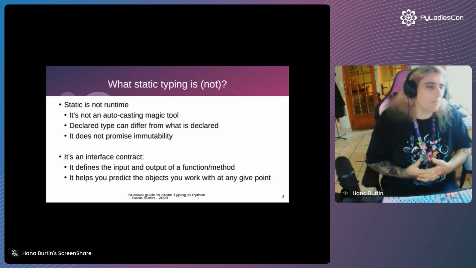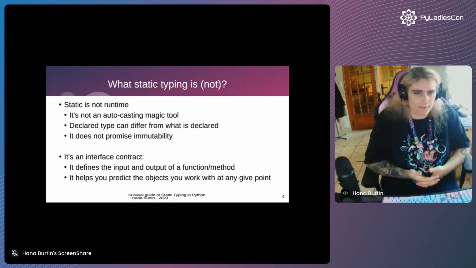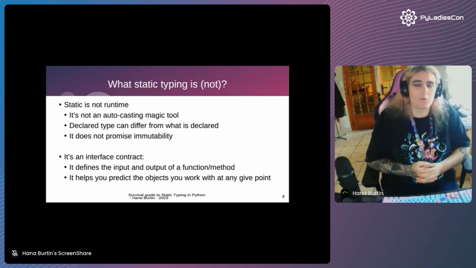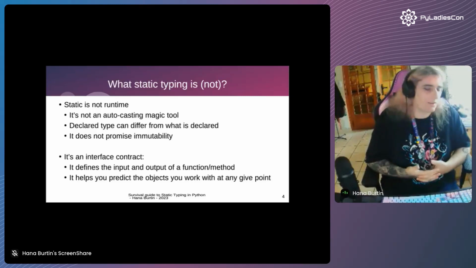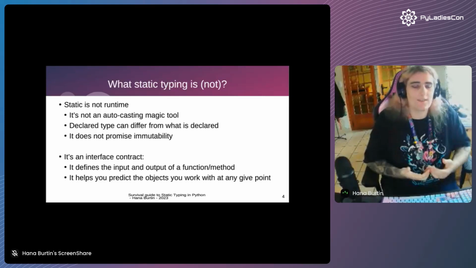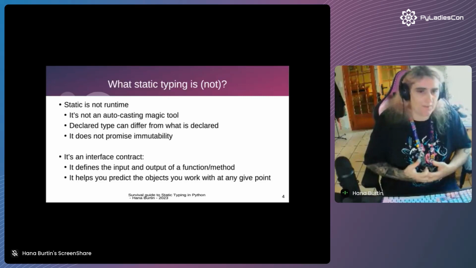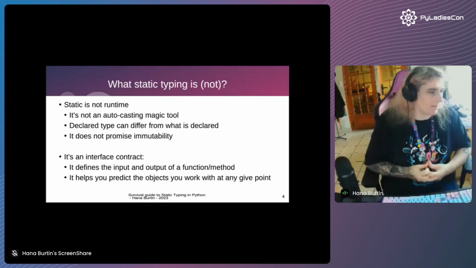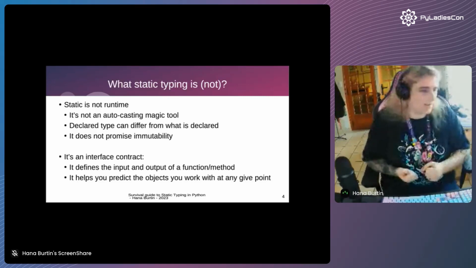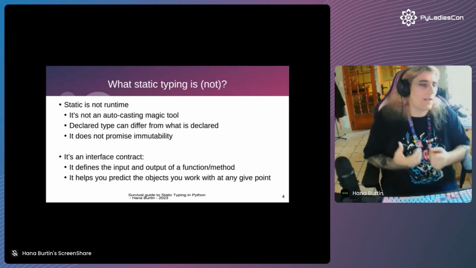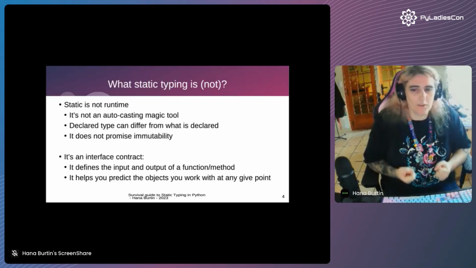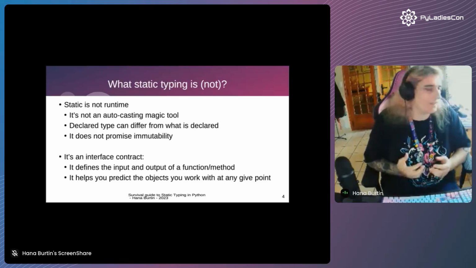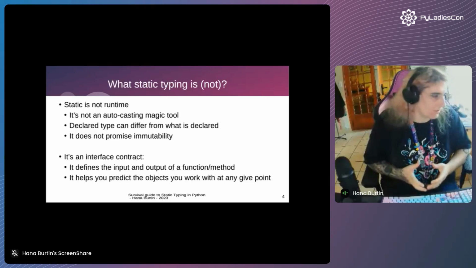So it's more of an interface contract. You say that your method, class, or function expects a certain type of input, and that it will give back a certain type of output. That will help you understand what object you are working with at any given point in your code.